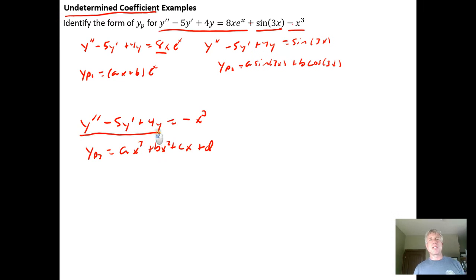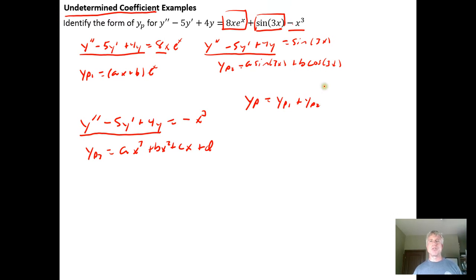So the idea is, as long as we keep the same differential equation here, the same homogeneous component, if we have more than one function family showing up on the right hand side as our g of x, our driving function, we can solve for each individual piece separately. And then for our overall function when we're done, y particular will be the sum of those individual pieces. So y particular will equal y particular 1 plus y particular 2 plus y particular 3.